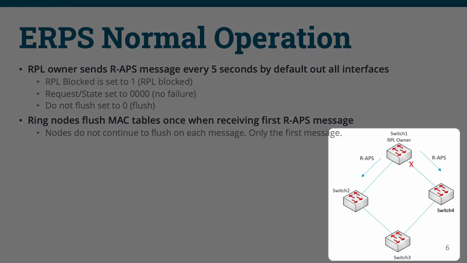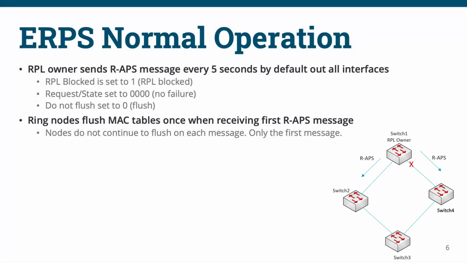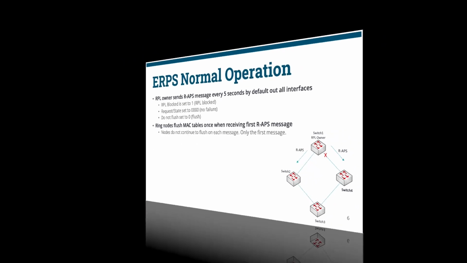In this normal operation steady state, we have a loop-free topology. The RPL is blocking data traffic, although RAPS messages are still sent out the RPL port, and the topology is stable. Now, let's see what happens when a failure is detected.